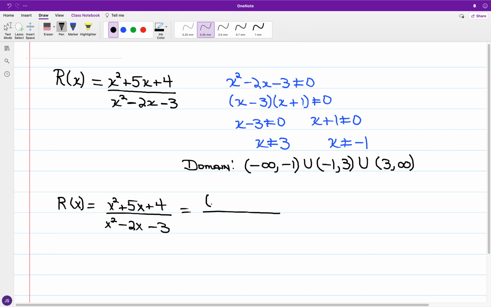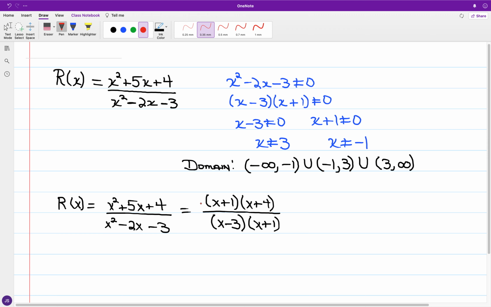Among the factors of x squared plus 5x plus 4, we have x plus 1 and x plus 4. Factoring x squared minus 2x minus 3, we have the quantity x minus 3 times the quantity x plus 1.